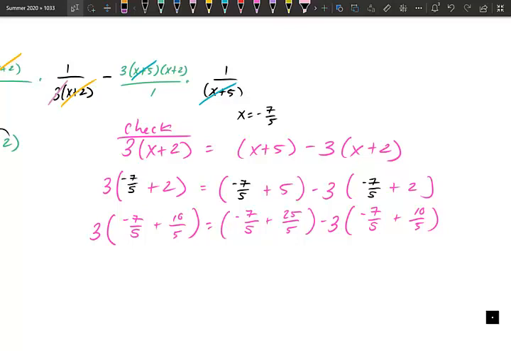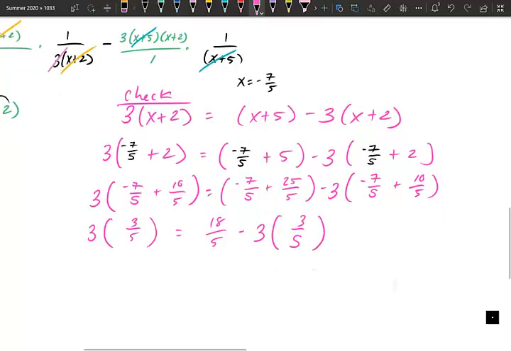Let's combine like terms in the middle. So we have negative 7 plus 10 is 3 over 5 equals negative 7 and 25. So negative 7 and 25 is 18. I don't know why I said that as a question mark. It is 18. And then we have minus 3 times 3 over 5.